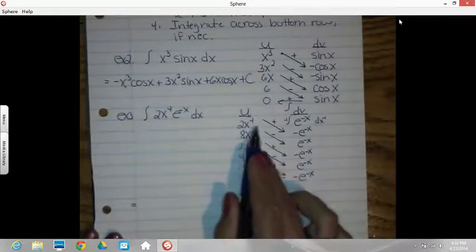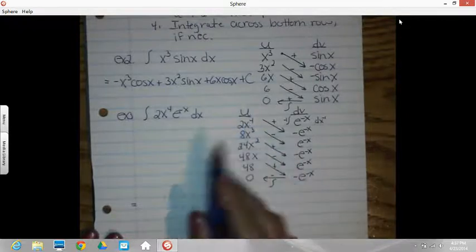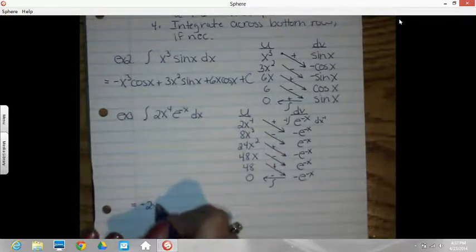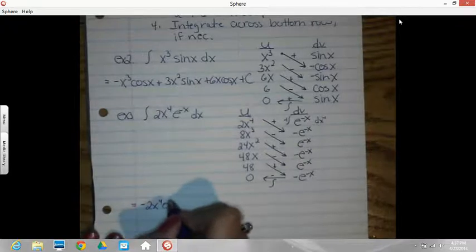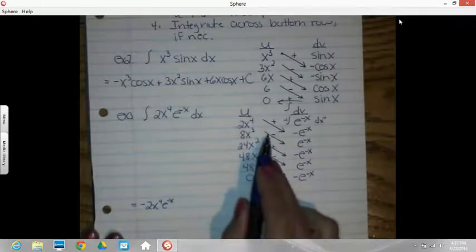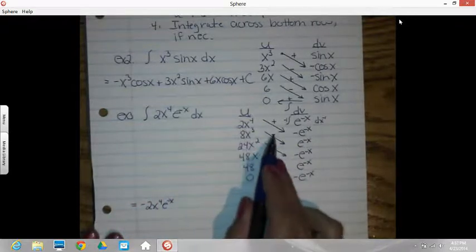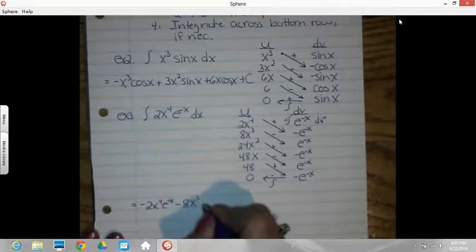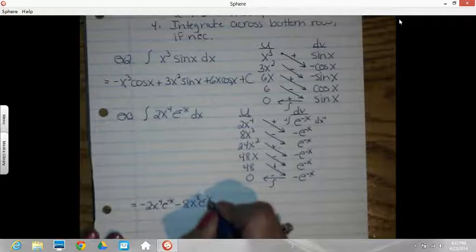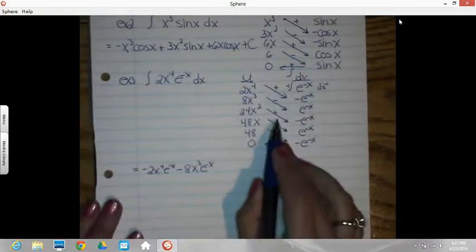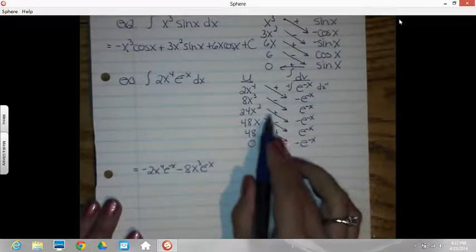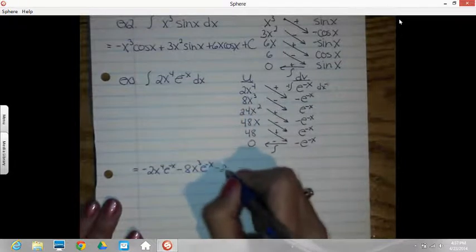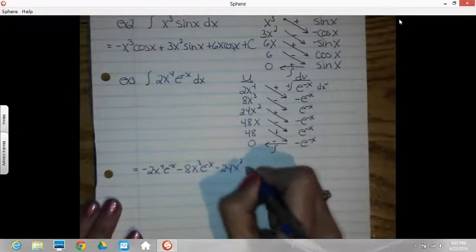So getting this right, I have a negative 2x to the 4th, e to the negative x. Next one will be a negative 8x cubed, e to the negative x. Next, the third one is going to be a negative 24x squared, e to the negative x.